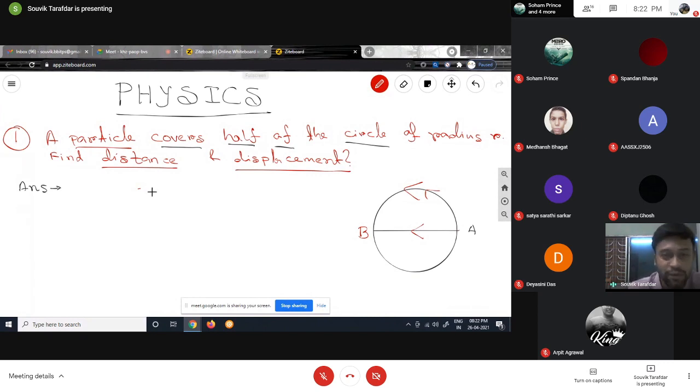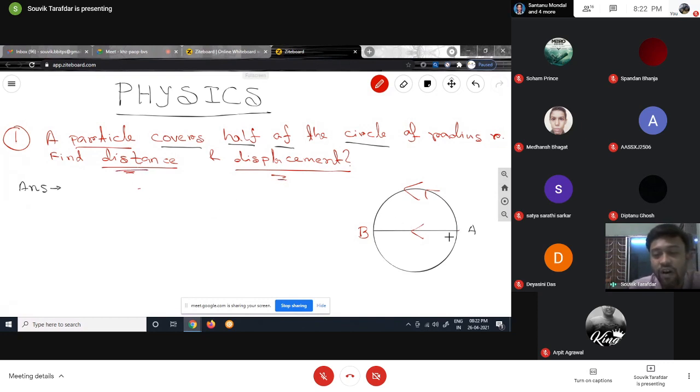As I told you, the concept needs to be very clear. So here, what are the two concepts we are using? First, the concept of distance, and then the concept of displacement. Now, what is distance?